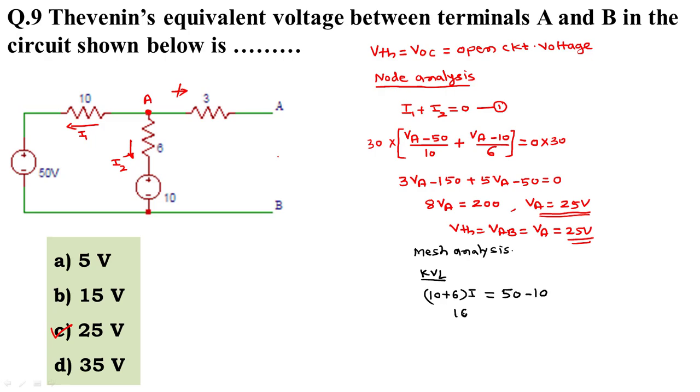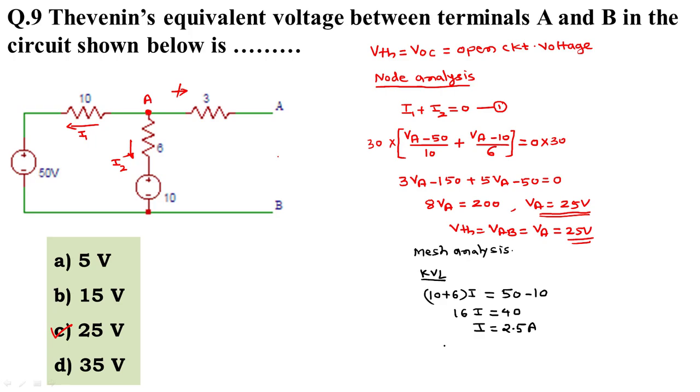So 16i is equal to 40. So I comes out to be 40 by 16, that is 2.5 ampere.